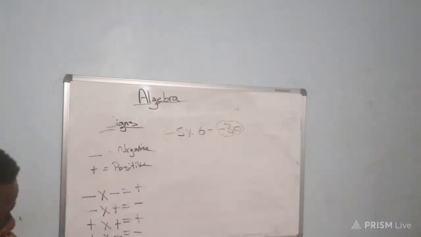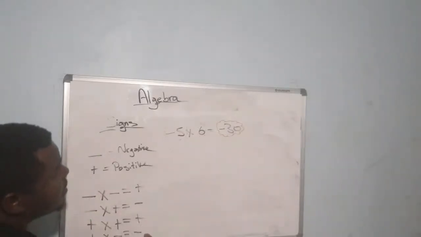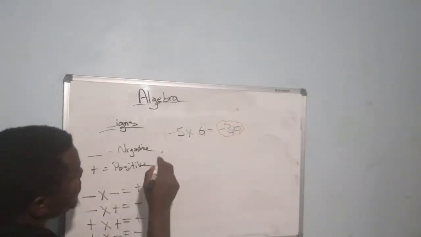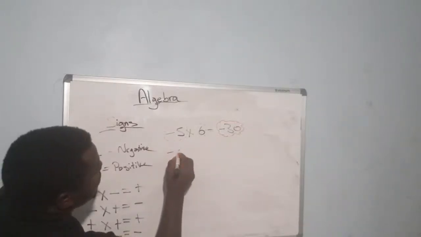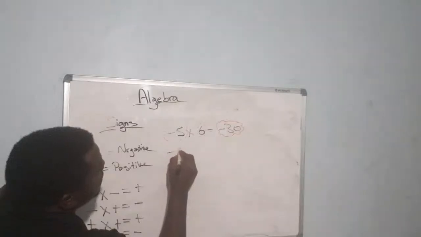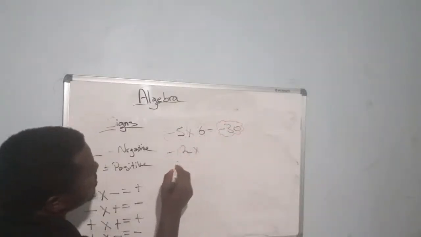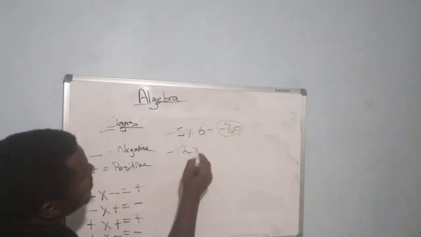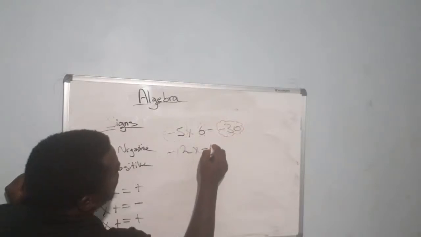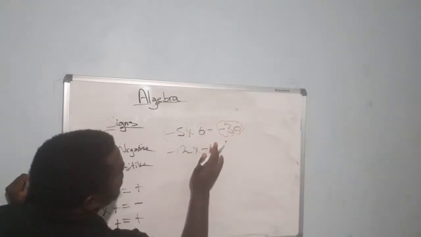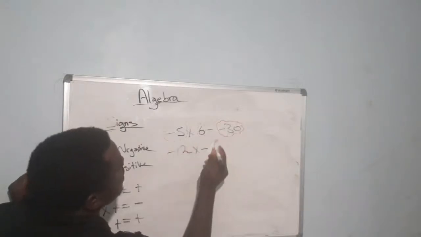Now, again, do another one. Negative 12 times negative 5.